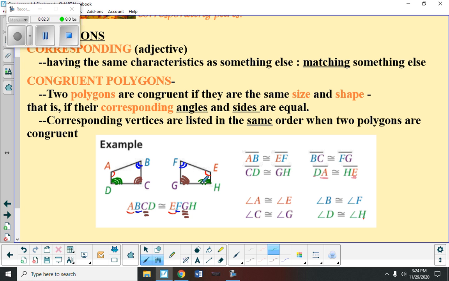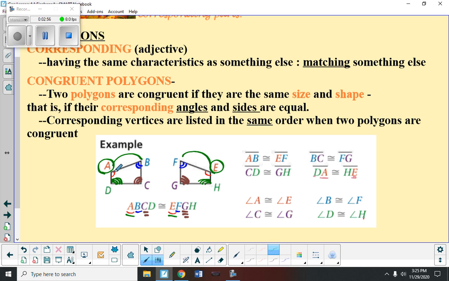Now, also when you name the congruent angles and the congruent sides, you put the corresponding segments' endpoints in the same order. Like if you are referring to this as AB, it's going to be congruent to this side, which is EF. Now notice A is first and E is first because they correspond in the name.